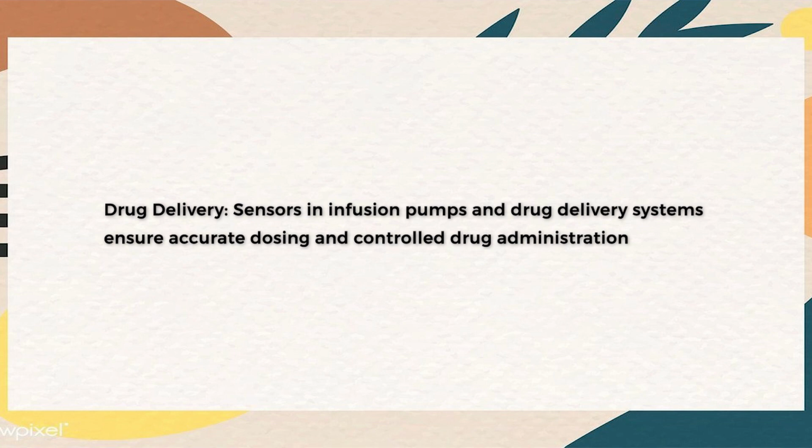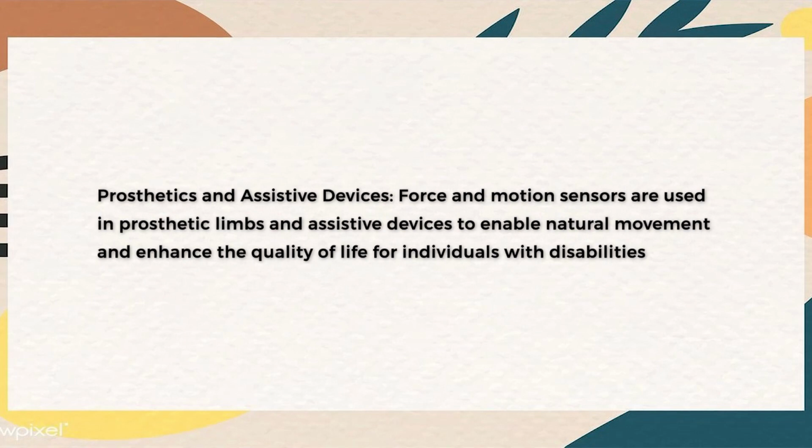Drug delivery: sensors in infusion pumps and drug delivery systems ensure accurate dosing and controlled drug administration. Prosthetics and assistive devices: force and motion sensors are used in prosthetic limbs and assistive devices to enable natural movement and enhance the quality of life for individuals with disabilities.